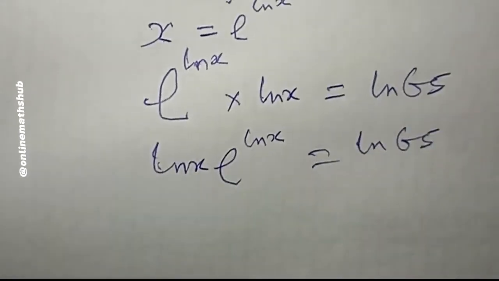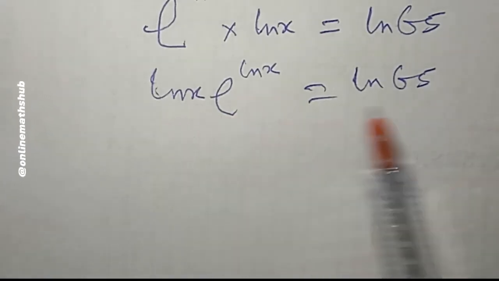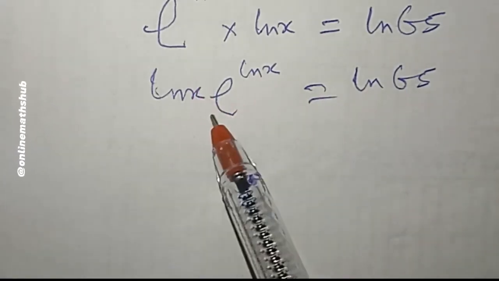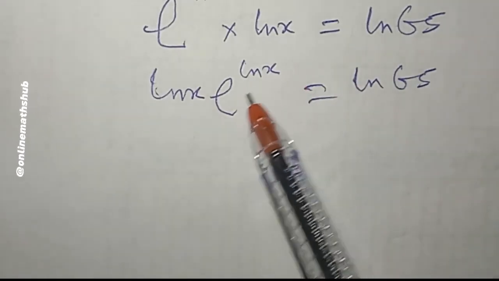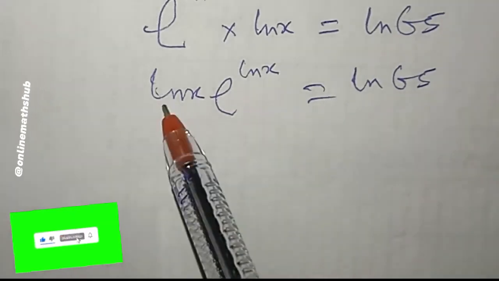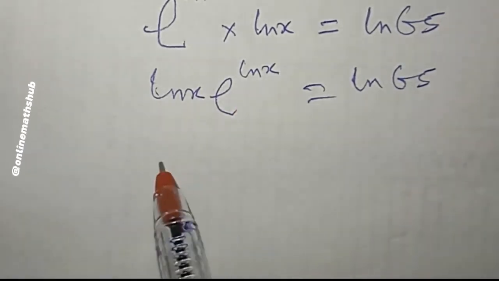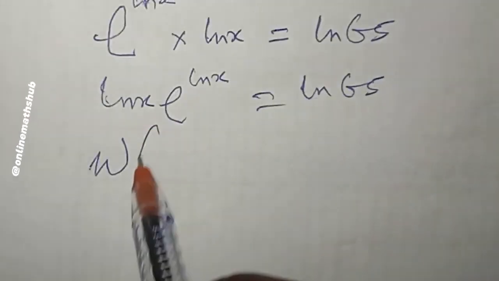And obviously you can see at this point that we now have this function in the form of a exponential a, where a is just the natural log of x in this case. And of course I can now go ahead and pass the Lambert W function.